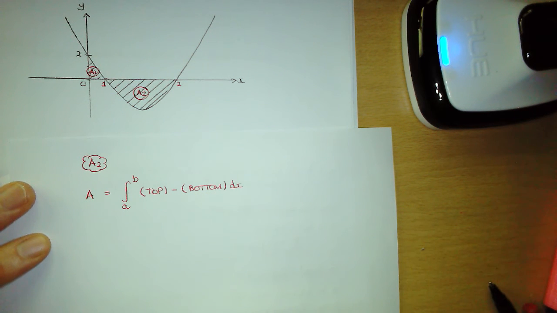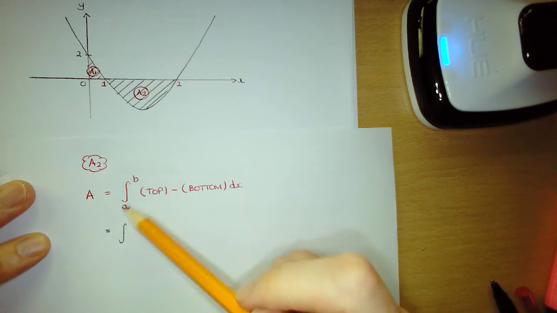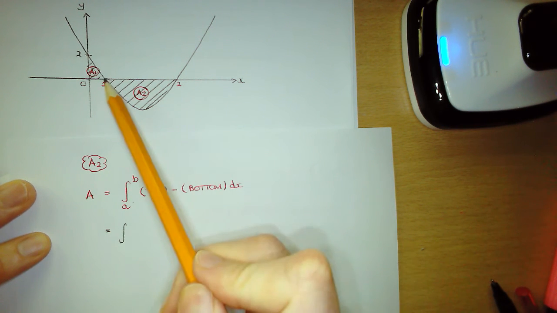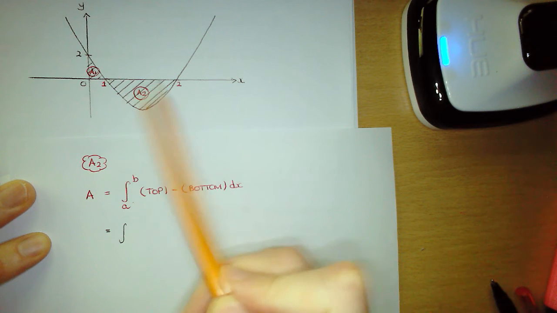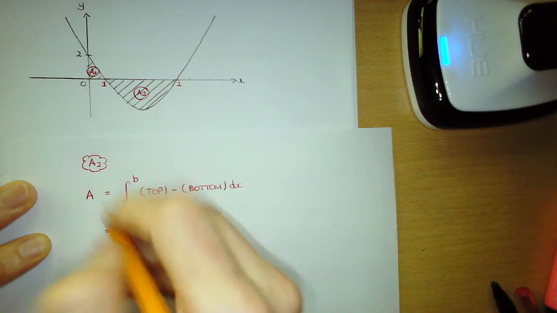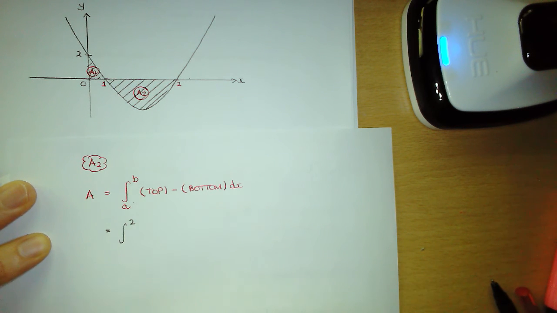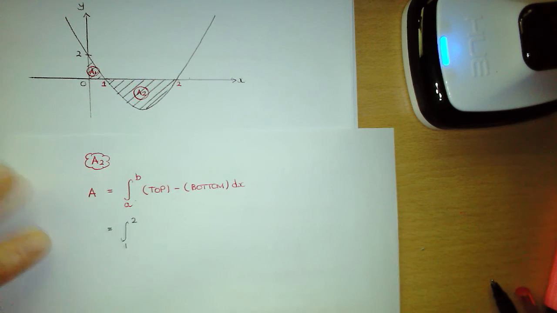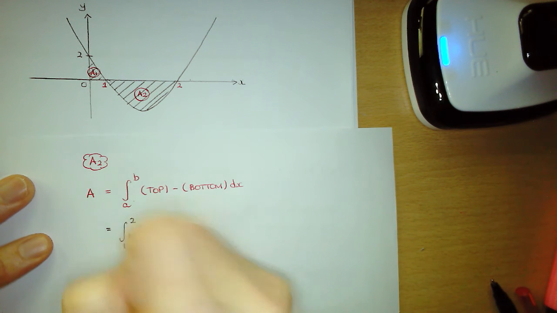So let's look at A2 then. Okay, so A and B are the limits, so we're looking for the values of x that the area A2 lies between. So it lies between 1 and 2, so the upper limit, bigger limit goes in the top, 2, smaller limit goes in the bottom, 1. And then open brackets, top then.